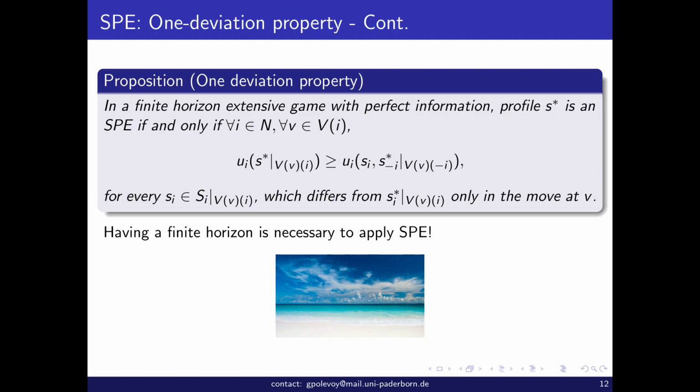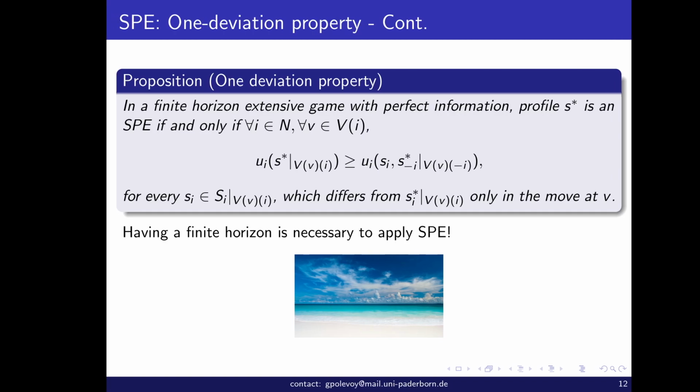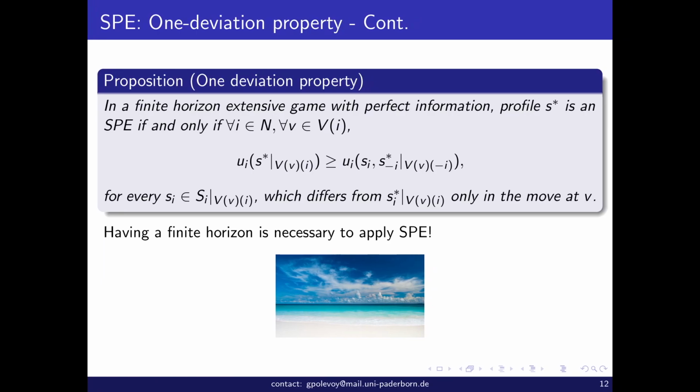So in a finite horizon extensive game with perfect information, profile S is a subgame perfect equilibrium if and only if for each player i in each state v where this player acts, the utility that this player obtains in this subgame cannot be increased by any deviation which differs from the original strategy only at this state.